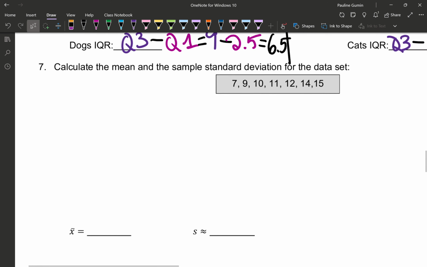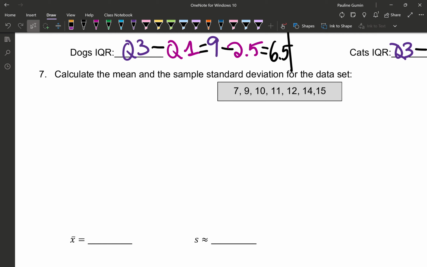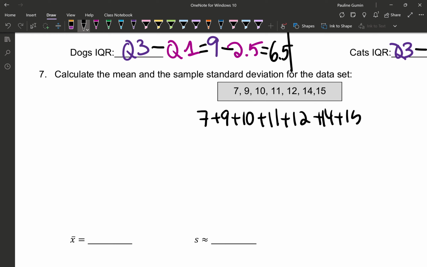Alright, number 7. Calculate the mean and sample standard deviation. Now for the mean, we have two options. Either you can add up all the numbers and divide that answer by the amount of numbers on your list. This is what I mean. In your calculator, you would add 7 plus 9 plus 10 plus 11 is 15.